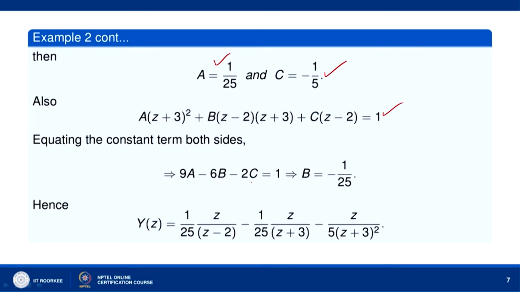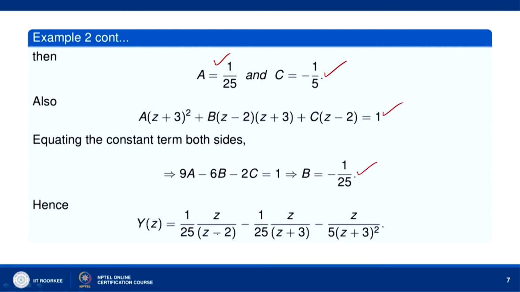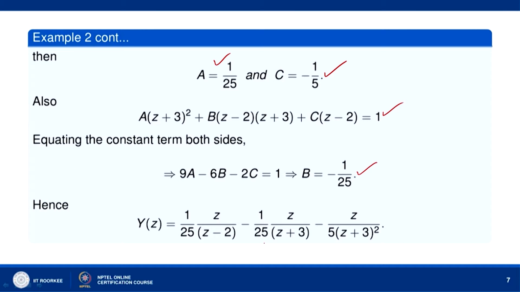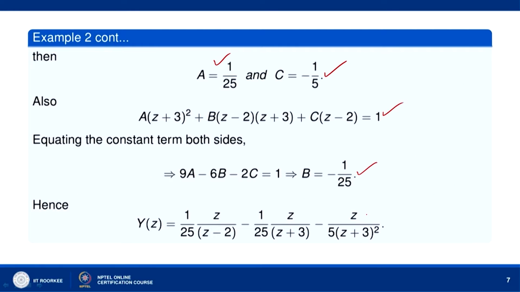When you put the values of A and C as 1 over 25 and minus 1 over 5, it gives B equal to minus 1 over 25, and hence you can get the value of Y(z). Y(z) is now A times z over z minus 2, so you have 1 over 25 z over z minus 2, minus 1 over 25 z over z plus 3, and C is now minus 1 over 5, so we get minus 1 over 5 times z over (z plus 3) whole square.